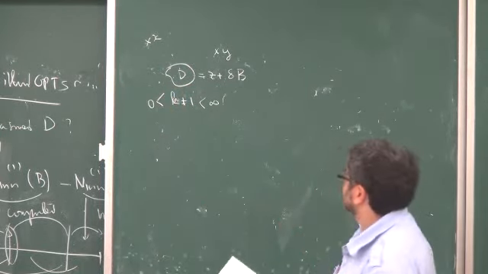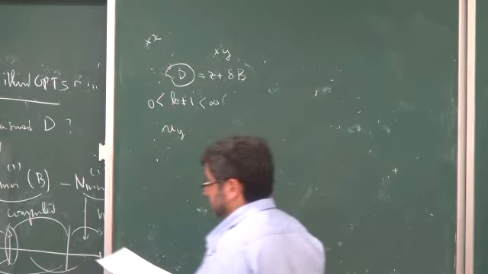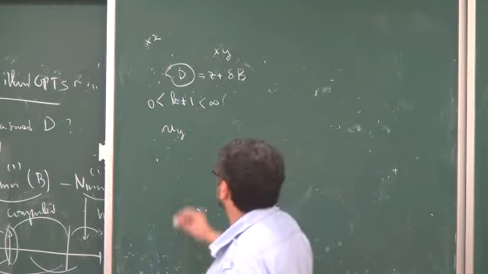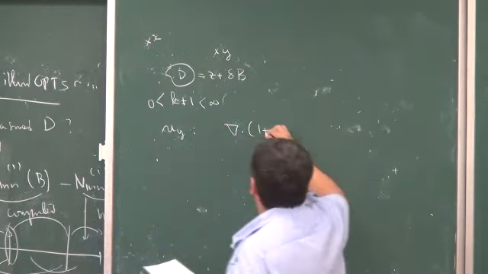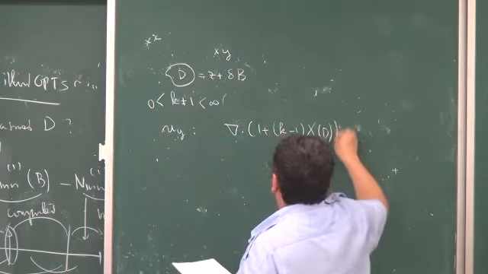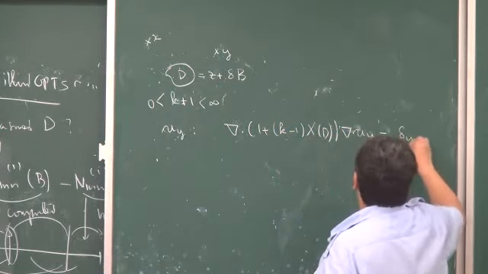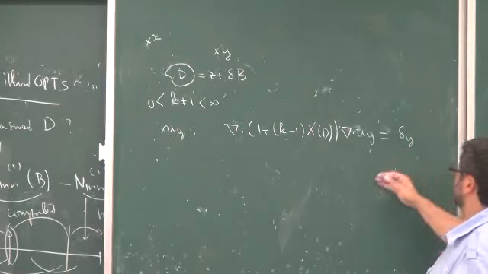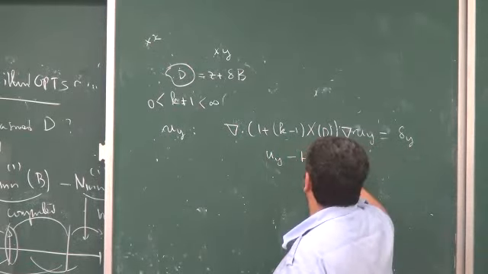Okay. So the solution U_y is the solution to the conductivity problem: divergence of (1 plus (k minus 1) characteristic function of D) gradient U_y equals the Dirac mass at y. This is the source point. Okay? And then U_y minus some harmonic function goes to infinity.